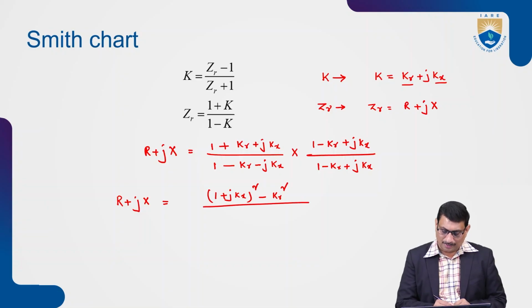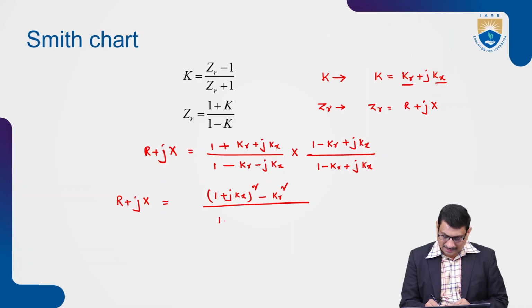Similarly, in the denominator part, we have (1 minus Kr minus jKx) times (1 minus Kr plus jKx). That also I can write as a square minus b square, that is, jKx whole square.